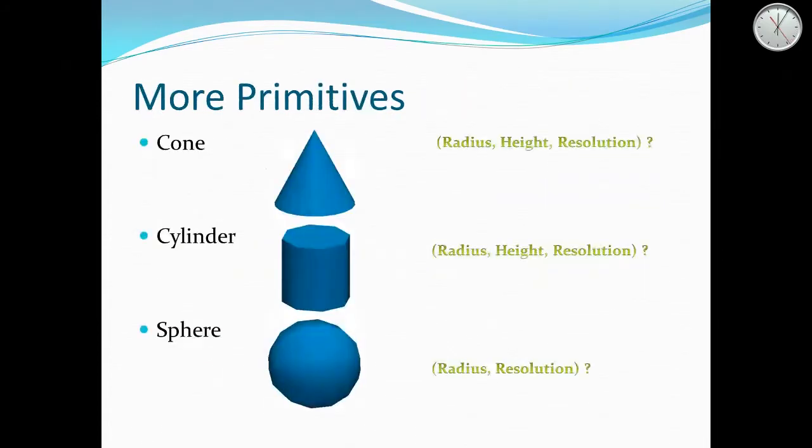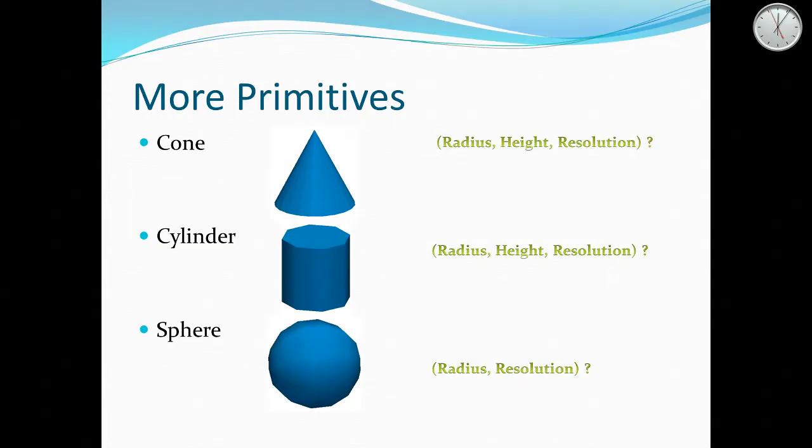And for other primitive shapes like a cone, cylinder, and sphere, you need first to approximate the curved surface with planar polygons. So you can get a lot of polygons depending on the resolution you want to have.